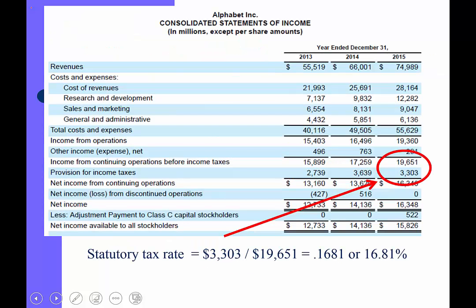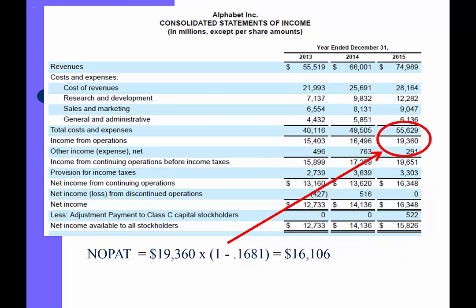That's here. I want to calculate the statutory tax rate. So I go to income before income taxes, and I have the provision for income taxes, and so I simply divide the amount of taxes in their provision by the number right above it, and I get a tax rate of 16.81%. Straightforward.